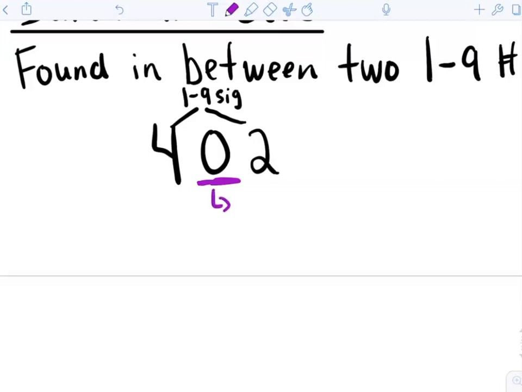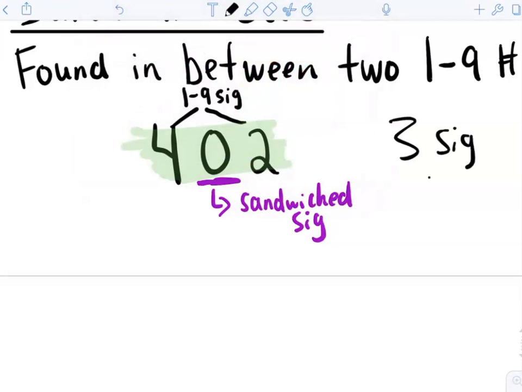So that means that it is sandwiched, so it is significant. And overall, we have 3 sig figs total.